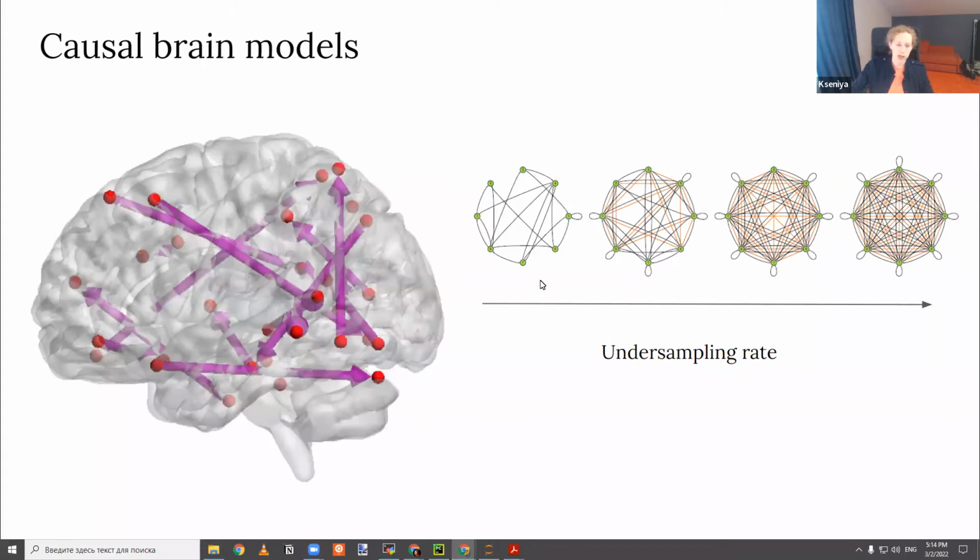So, for example, if the real frequency of the parts of the brain is about 100 milliseconds, so every 100 milliseconds one part of the brain connects with another part, and we can measure this process only every 300 milliseconds, we see this picture instead of the real one.